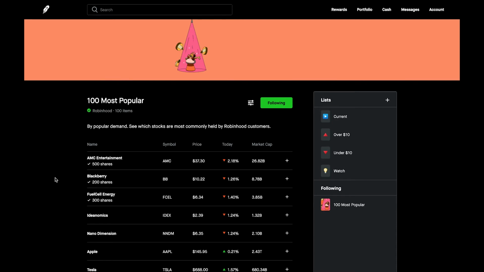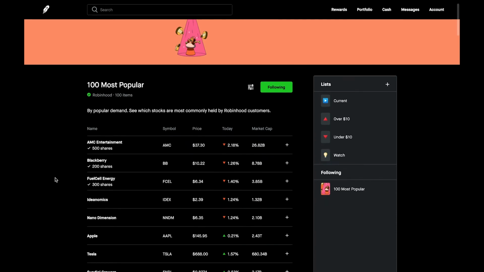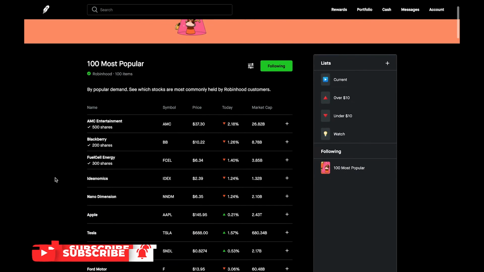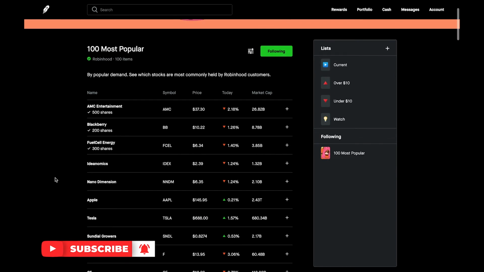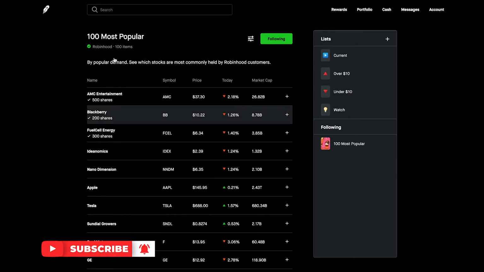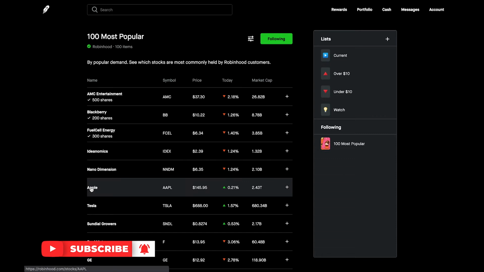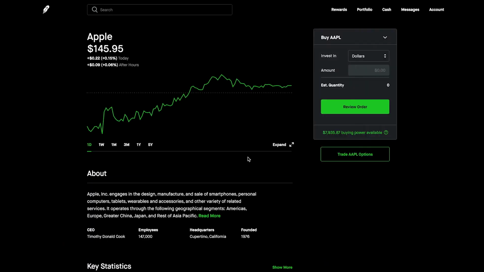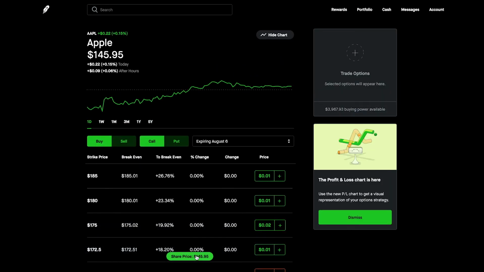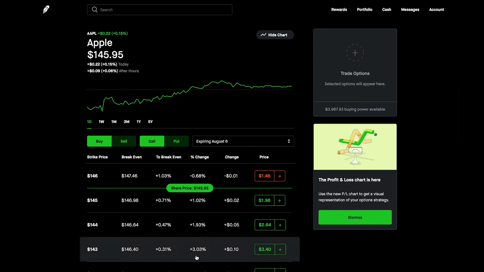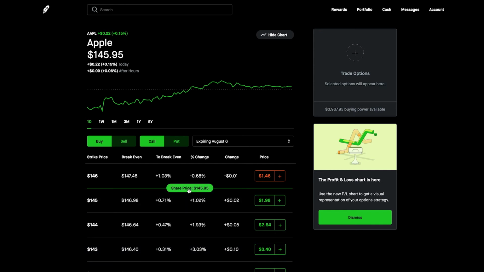But let's look at what these options chains would look like so you can see what is an out of the money versus in the money option. So I'm just going to select one of these as the 100 most popular. We'll take a look at Apple. This is a very well-known stock. So I click on Apple, click on Trade Apple Options, and then I'm going to scroll down to the current price, and that's just by clicking on the share price.